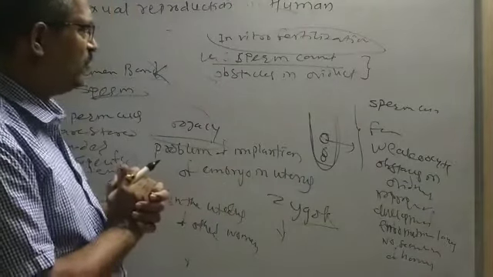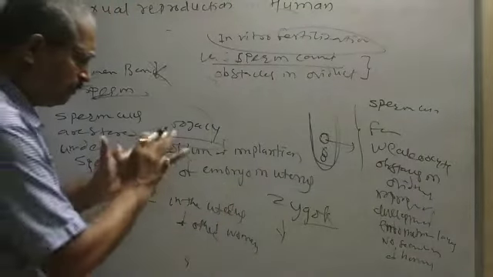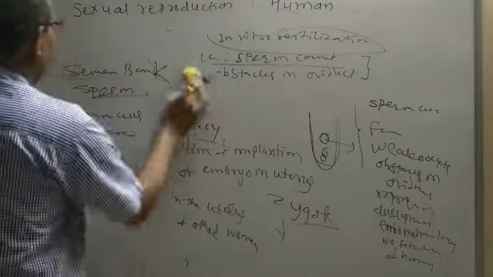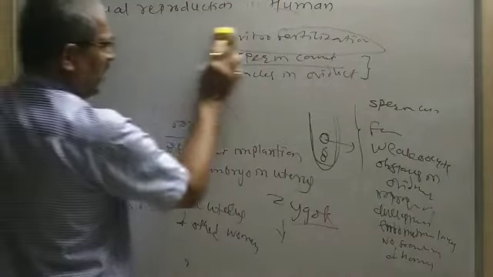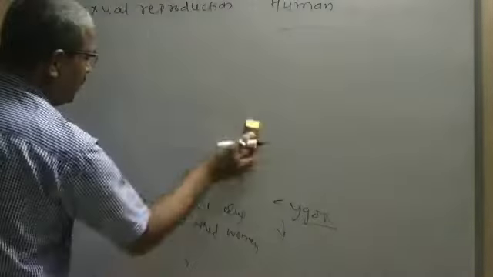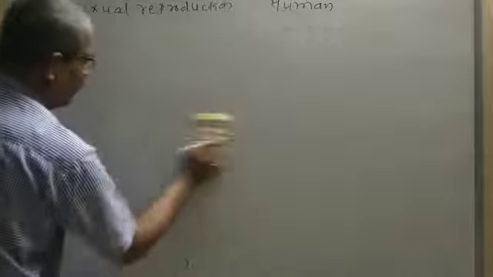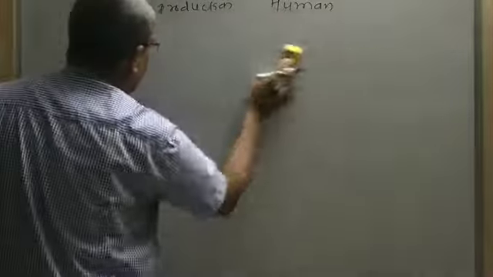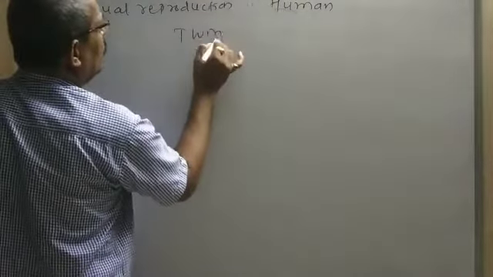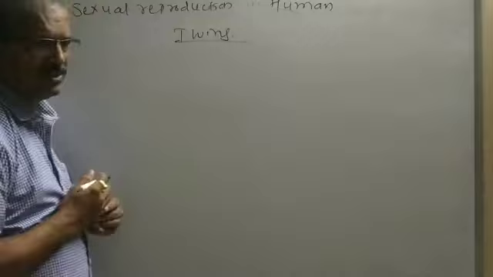So in this way, we have covered so much, but one more important topic remains. This lesson is very big, and actually there is a need to make three videos, but I am making only 2 videos. Now one small part remains, that is twins. You know about twins.